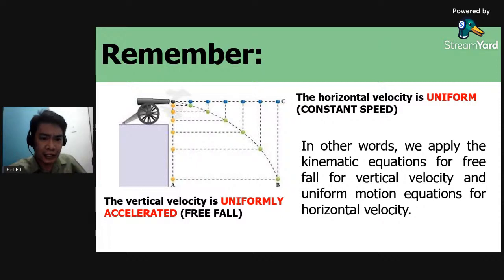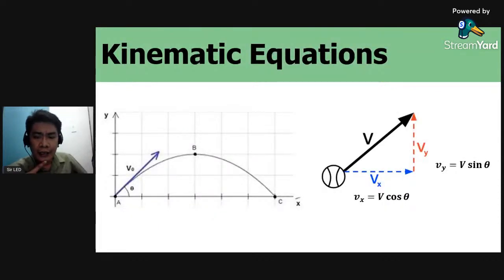So we already discussed these kinematic equations for uniform motion, uniformly accelerated motion and free fall. Before we solve problems involving projectile motion, it is very important for us to refresh how to solve for the components.